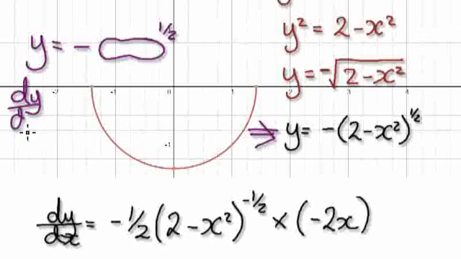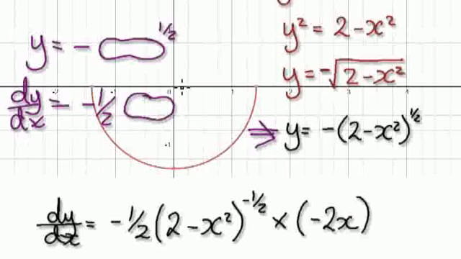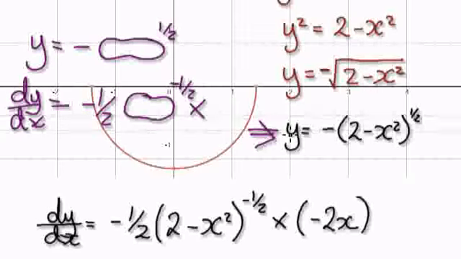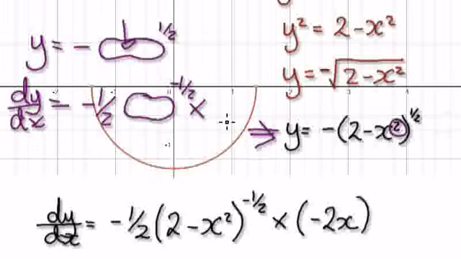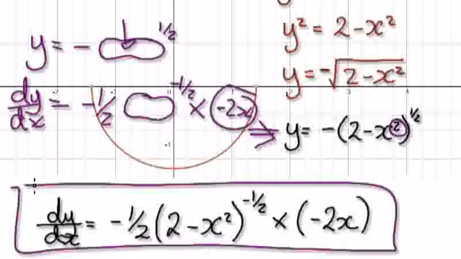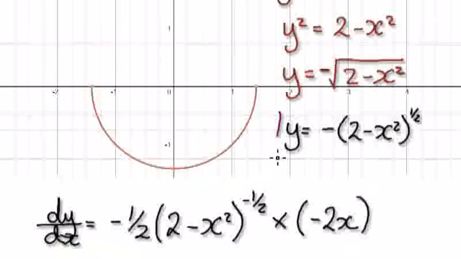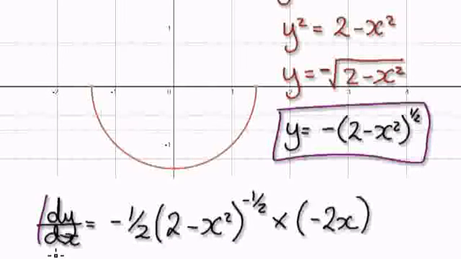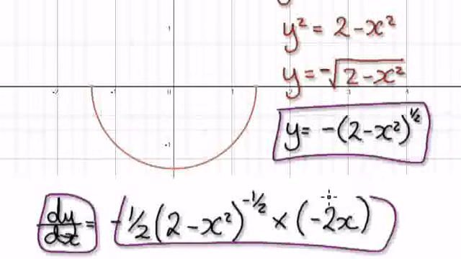When you differentiate it, it will be minus a half bubble to the power of minus a half, and then you've got to times it with the differential of the bubble itself, which will be minus 2x. So times minus 2x. So dy by dx equals this thing here.